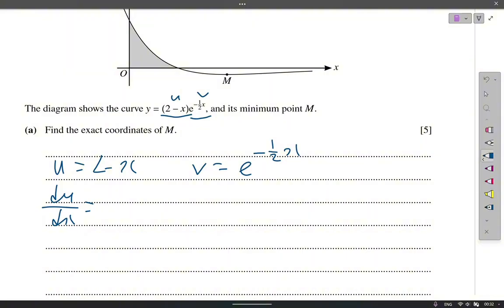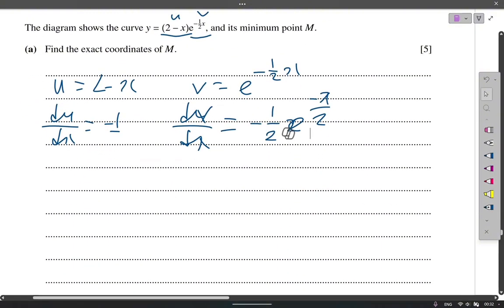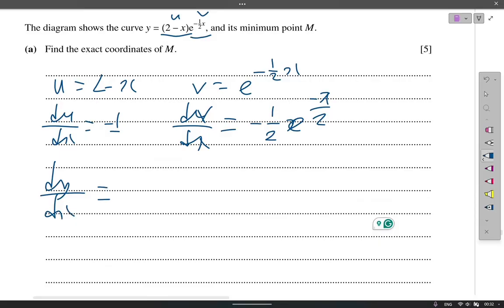When we take the differentiation, find the derivative, use these values. And if we get the derivative, it gives this.